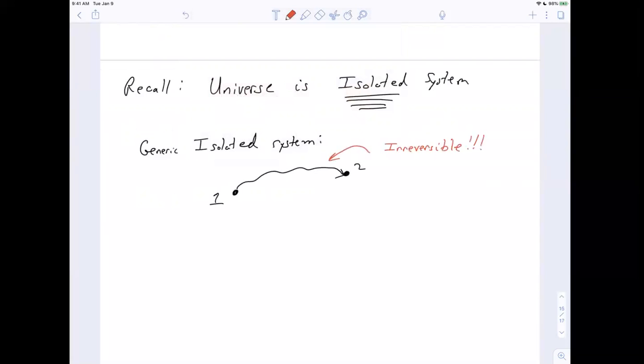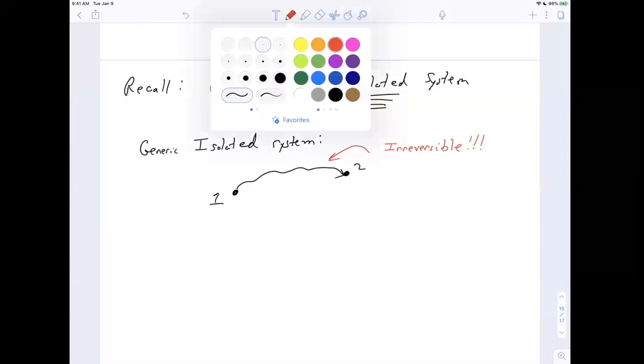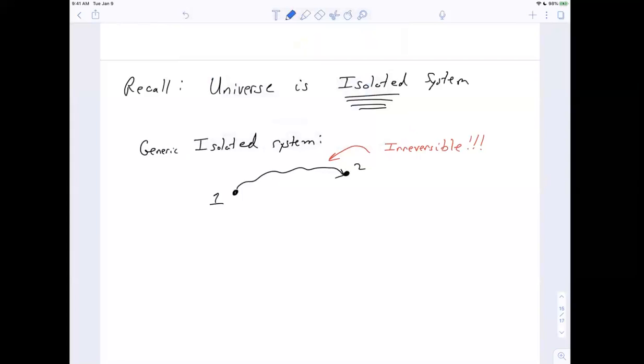And it's an isolated system. So this makes the system isolated.